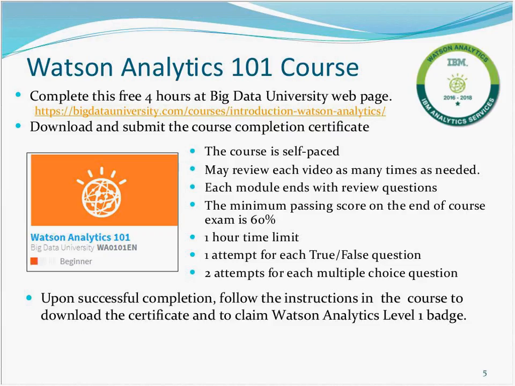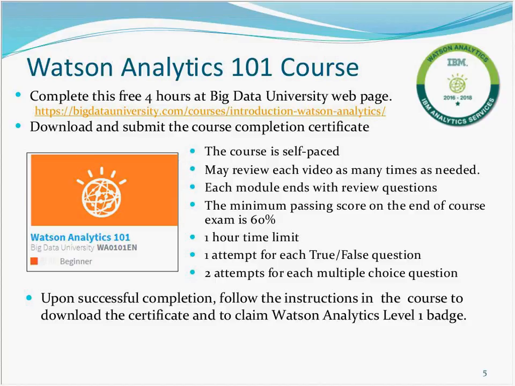Now, what you need to do, and you probably have instructions in your classroom, is complete this course. It's an introductory Watson Analytics 101 course. To take this course, you need to go to Big Data University and sign up for an account. It's completely free.